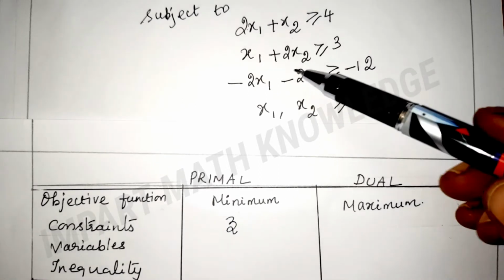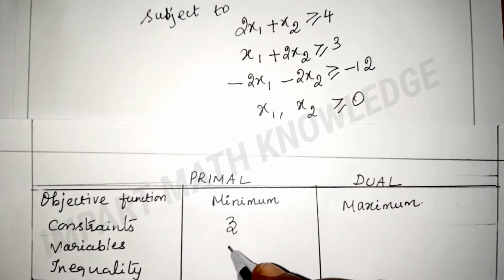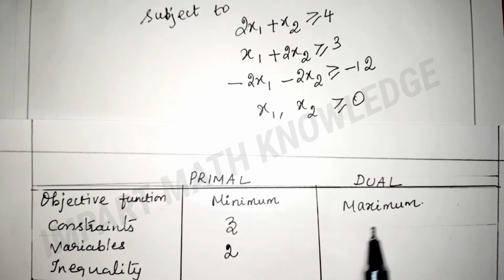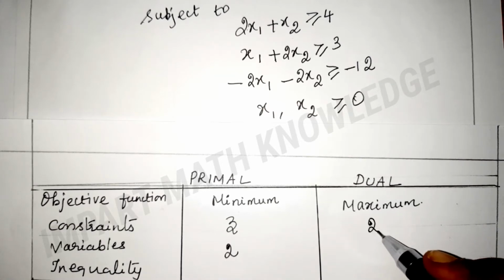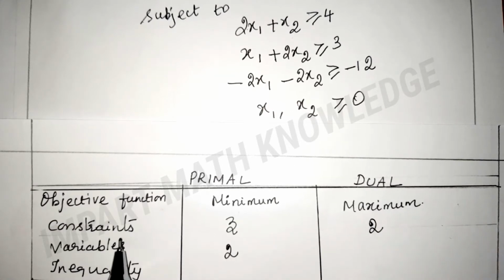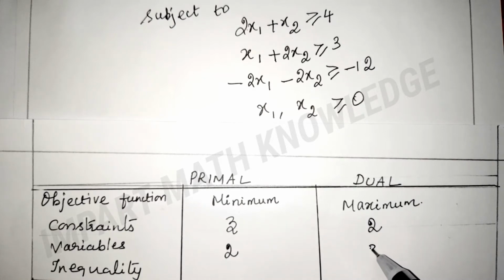The number of variables in the primal problem is 2. So in the dual problem, the constraints are based on the variables in the primal problem. So the constraints are 2 in the dual problem, and the variables are based on the constraints in the primal problem. Here the constraints are 3. So in the dual problem, the variables are 3.